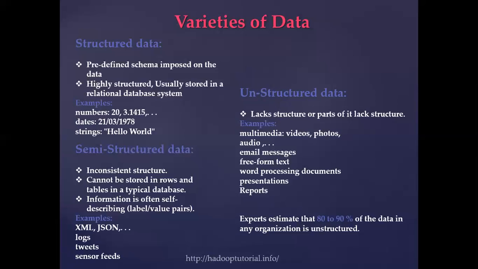Photos, audio and videos are completely unstructured, and emails and free form text are data sets where you can easily identify a few columns, but the other columns you cannot exactly parse or do any useful analysis on unless you make them structured.